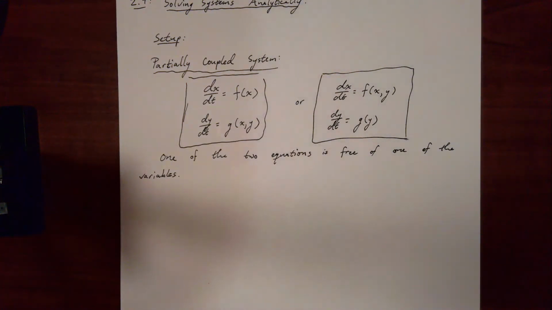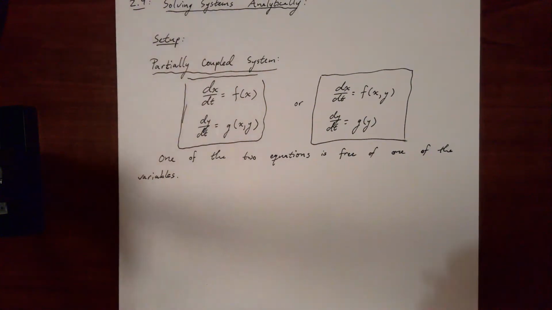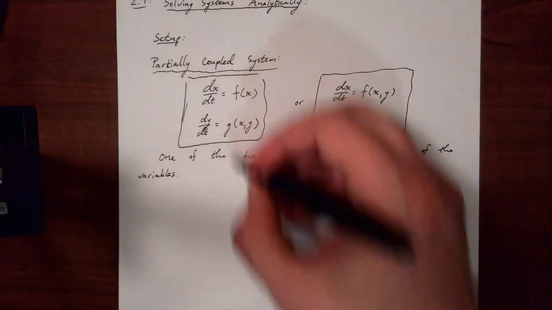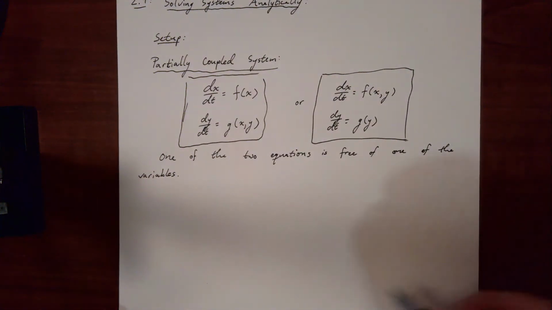If both dx/dt and dy/dt involved both variables, then it would be fully coupled. Like the two variables would be intimately coupled with each other. Here, at least one of them is independent of the other.